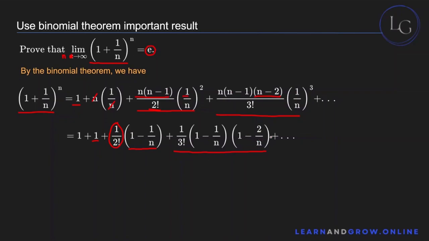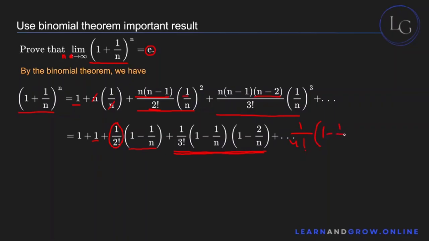Okay, so for example, the next term after this term over here would be 1 by 4 factorial into 1 minus 1 by n into 1 minus 2 by n into 1 minus 3 by n, right? Let me just write it down for simplicity's sake.